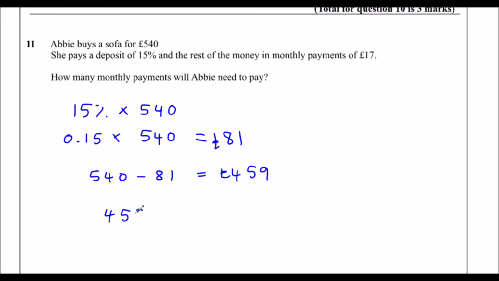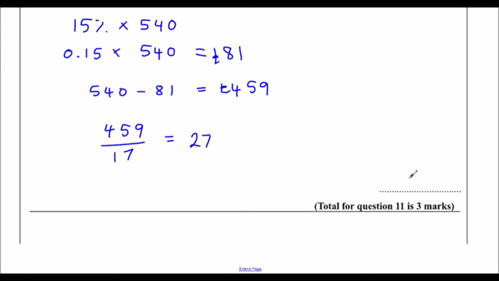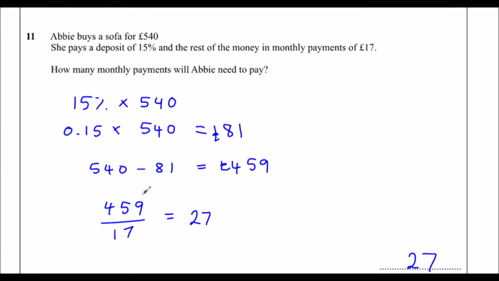So 459 divided by 17, and that's 27. So she needs to make 27 monthly payments of £17. So 27 times 17 makes 459, and the deposit of £81 makes the total price.